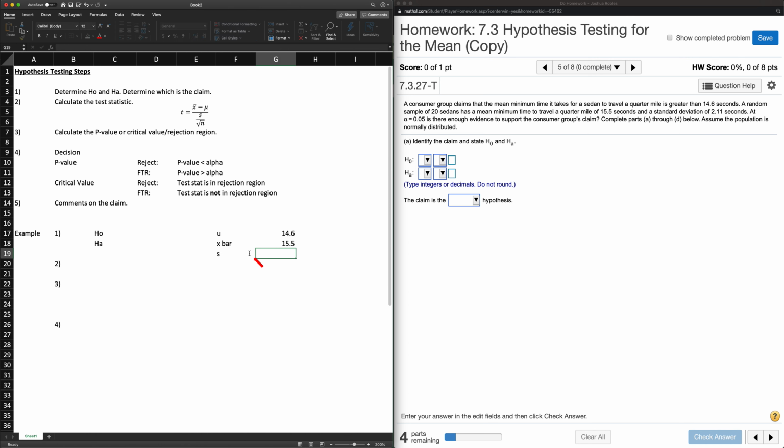The sample standard deviation is given at 2.11 seconds. The sample size is 20 sedans. Alpha is given as 5%, or 0.05. All right, we'll need some of these in our calculations.